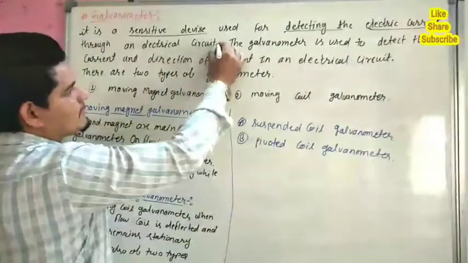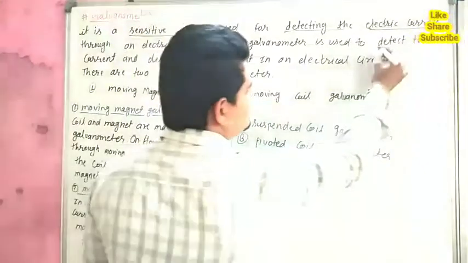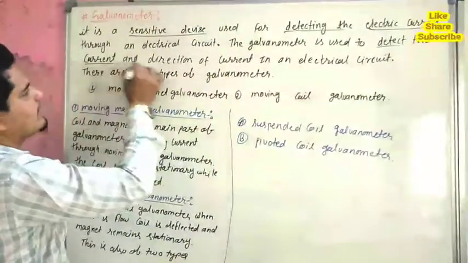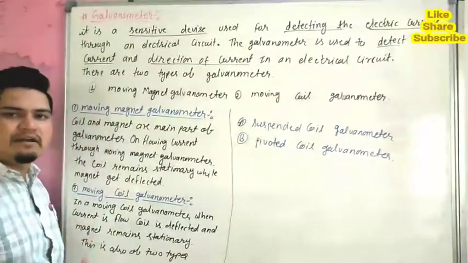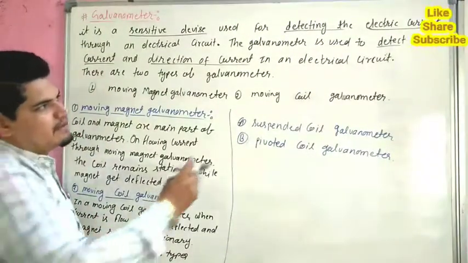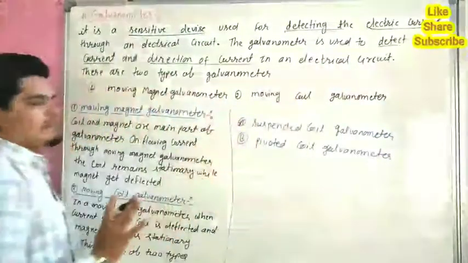Or we can say the galvanometer is used to detect the current and direction of current in an electrical circuit.